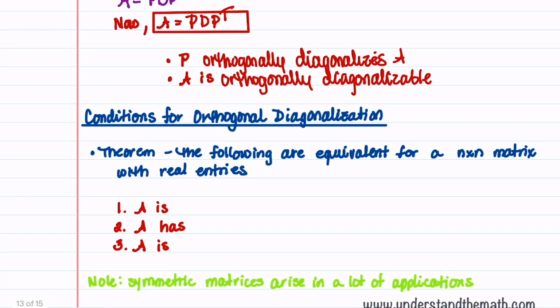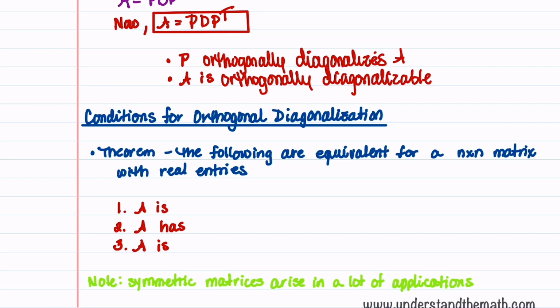Let's now go over the requirements for a matrix to be orthogonally diagonalizable, because we don't want to start this process until we know if the matrix can be orthogonally diagonalized. Our theorem states that the following are equivalent for an n by n matrix with real entries.